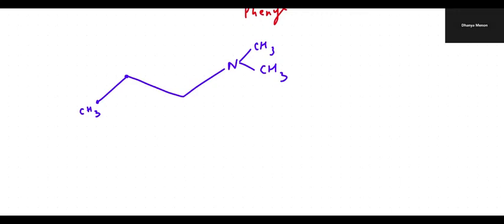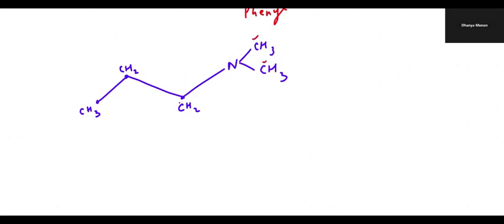Okay. Now, moving on further. Suppose taking another bond line structure. Here, this is CH3. This is carbon. So this is CH2. This is also CH2. And here, the nitrogen is surrounded by 1, 2, and 3 carbon atoms.